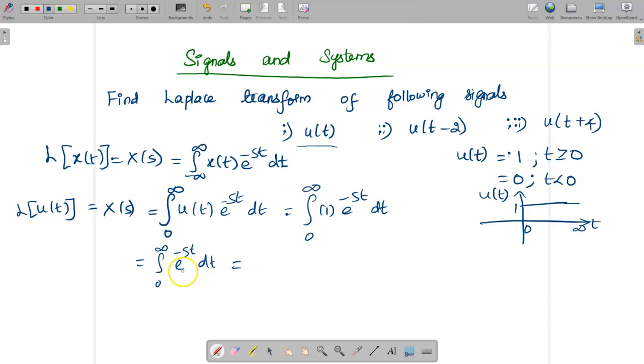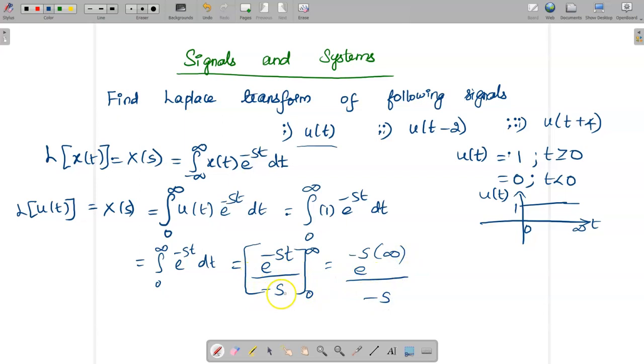So the integration of this is nothing but e power minus st divided by the t's coefficient. T's coefficient is nothing but minus s. So apply your limits. While applying the upper limit, we have to replace t by infinity. So e power minus s into infinity divided by minus s.